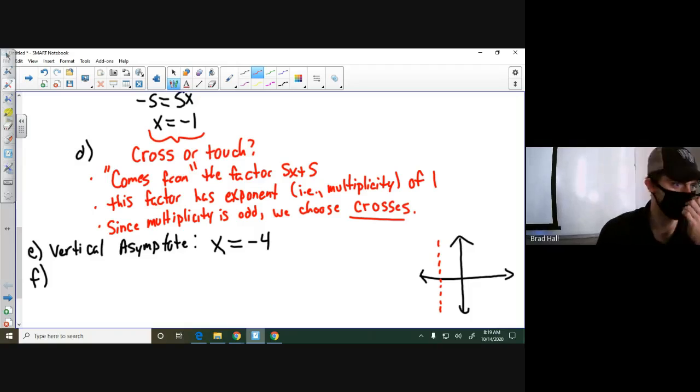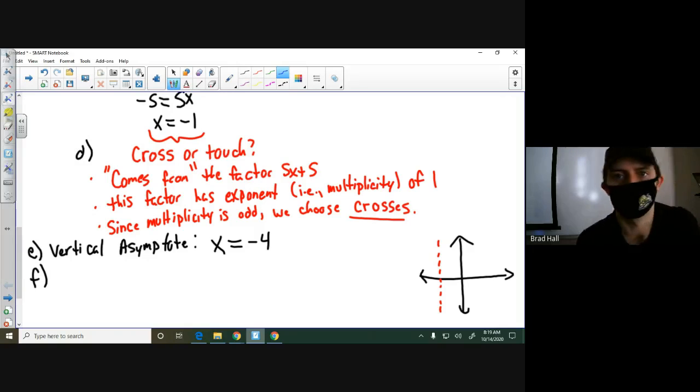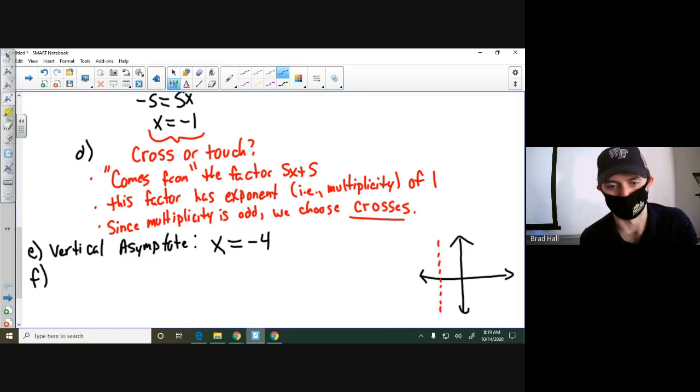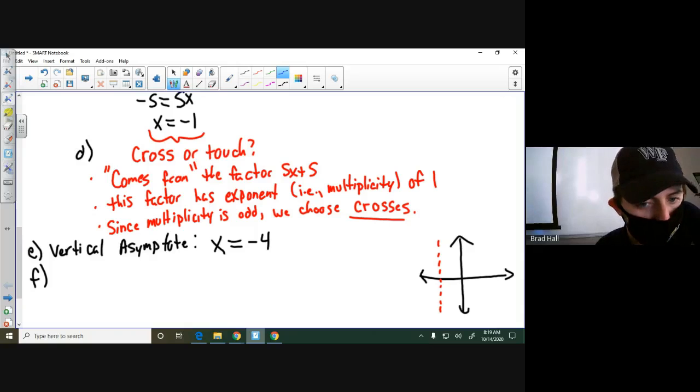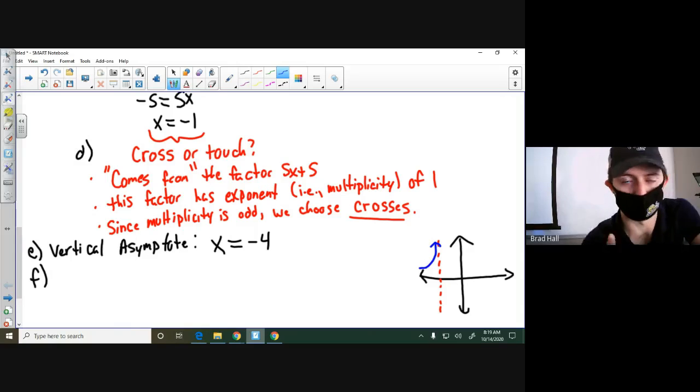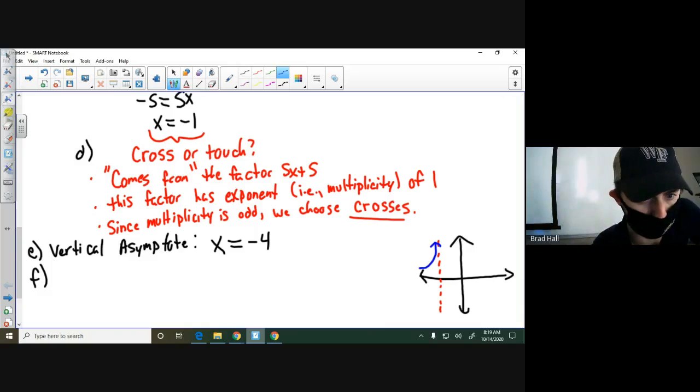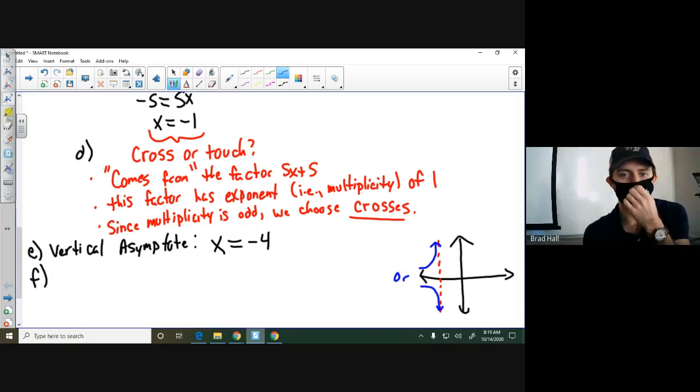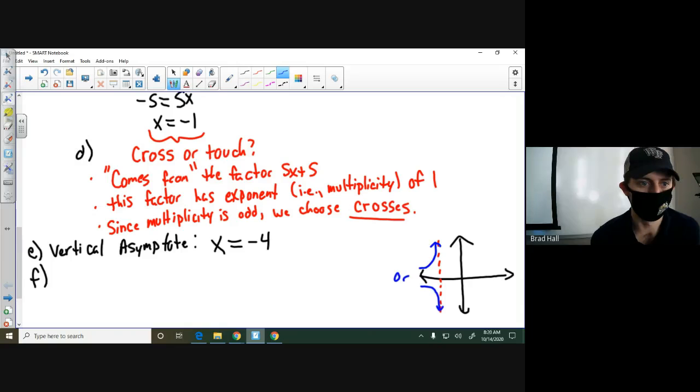The graph has to trace the asymptote in some way. Either the graph will trace the asymptote going upwards forever, or it'll trace it going downwards forever. What this problem wants us to figure out is which direction it is. How do we determine that is really the question here.